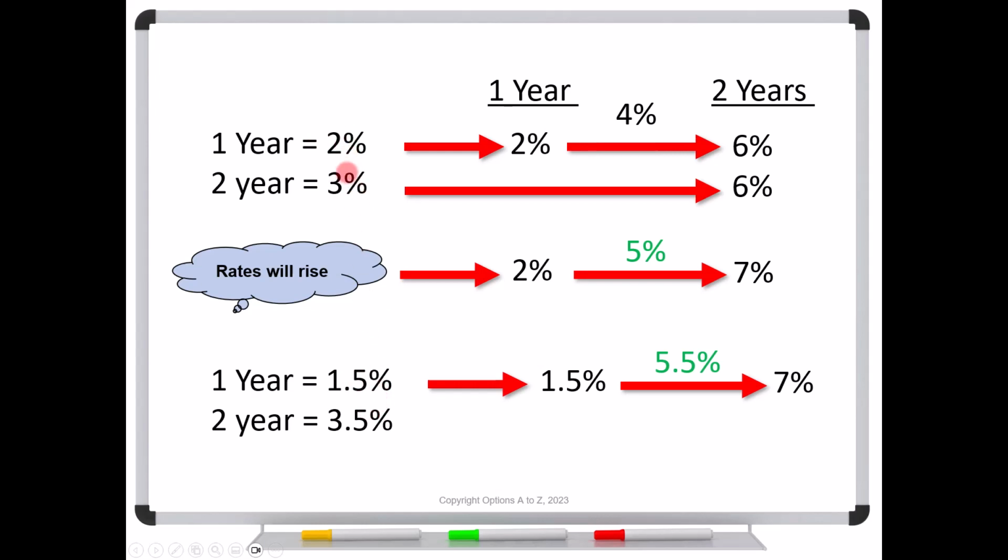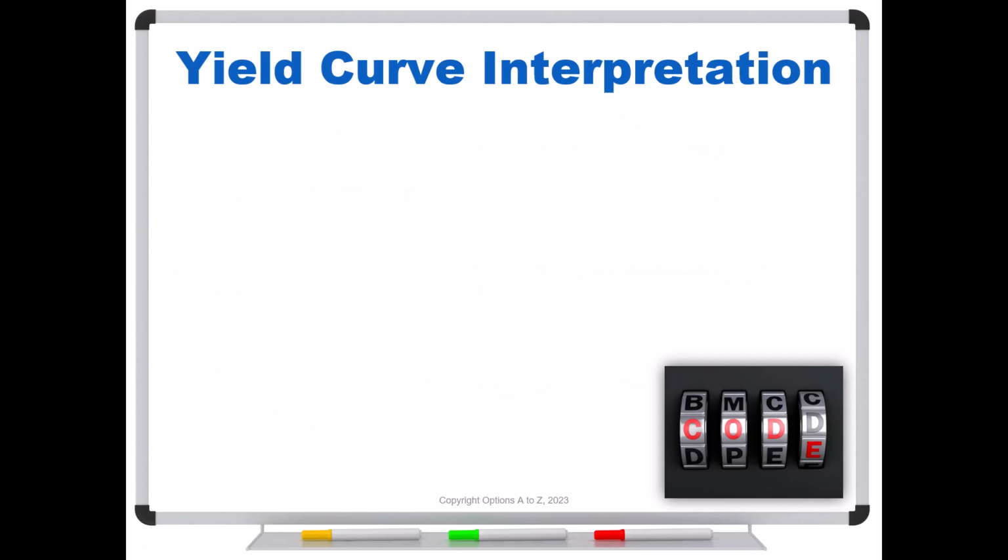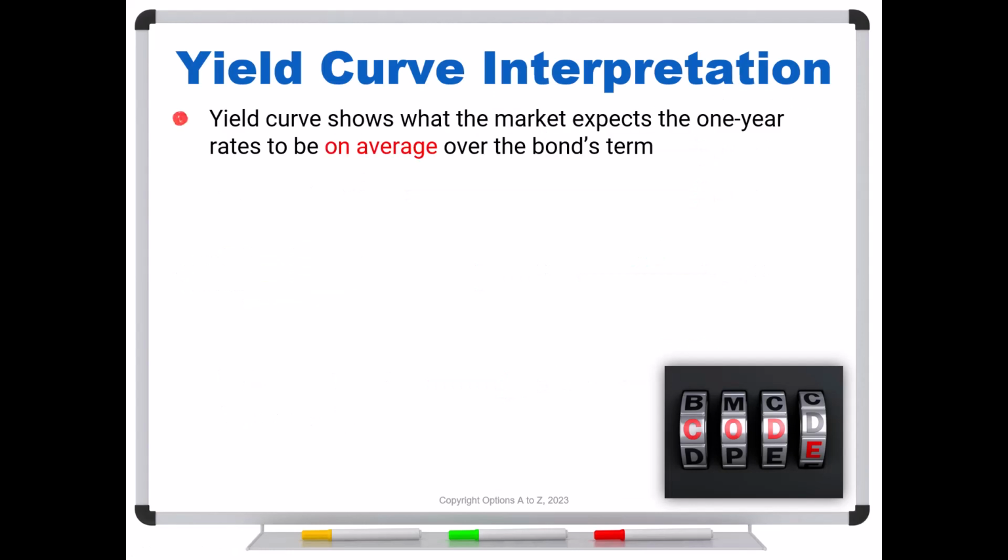Because remember, these are actual correct numbers. These are facts. If we're seeing 2% and 3%, the only way that that can exist is that market participants must feel that in 1 year, the 1 year rate will be 4%. So the thing to remember from all of this is that the yield curve shows what the market expects the 1 year rates to be on average over the bond's term.